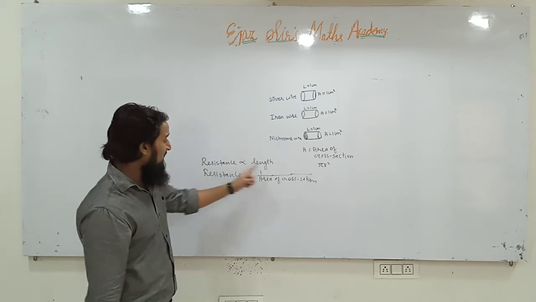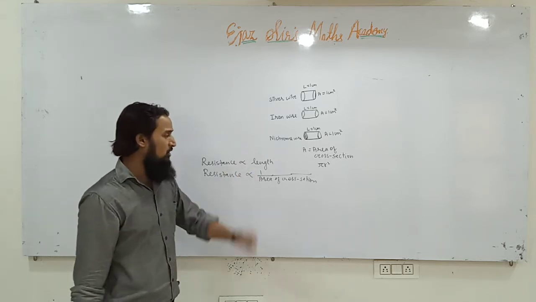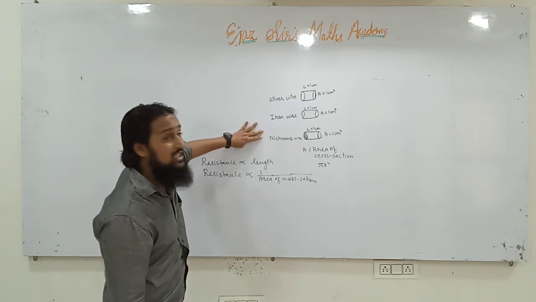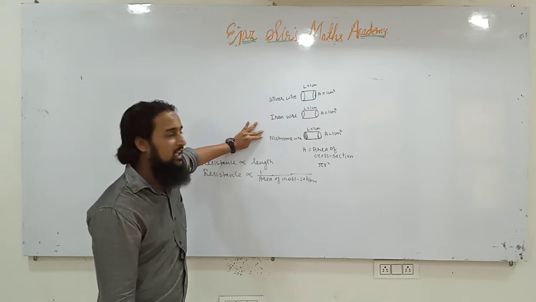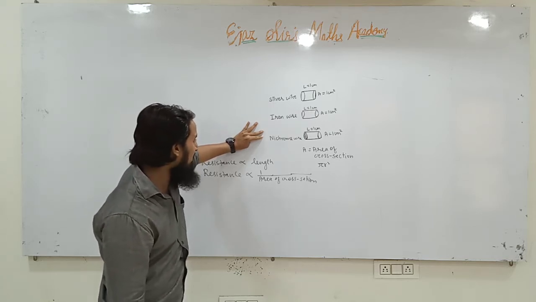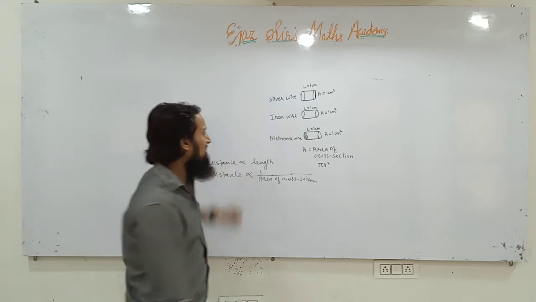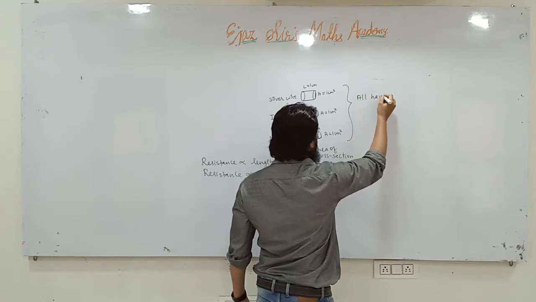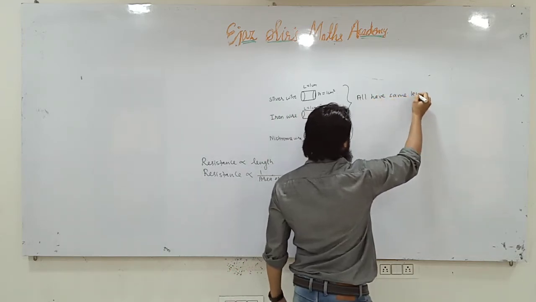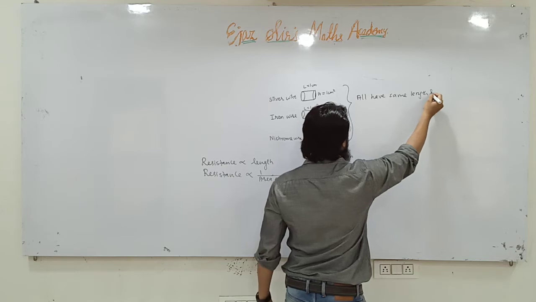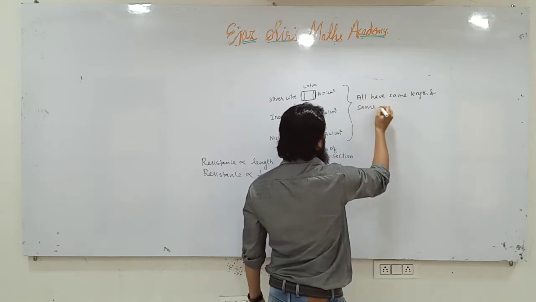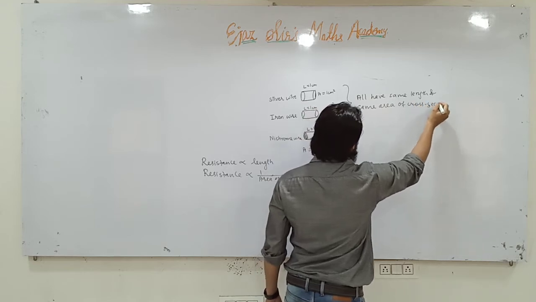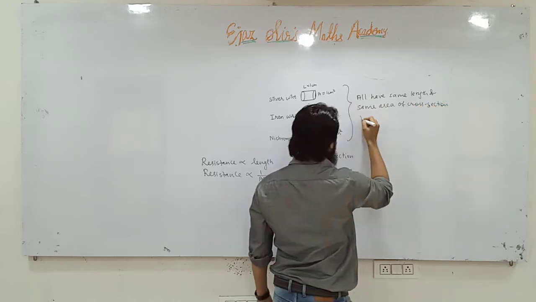So, we know resistance and length are directly proportional. Resistance and area of cross section are inversely proportional. Now see, all the three wires have same area of cross section and same length. So, will their resistance be same? All have same length and same area of cross section.